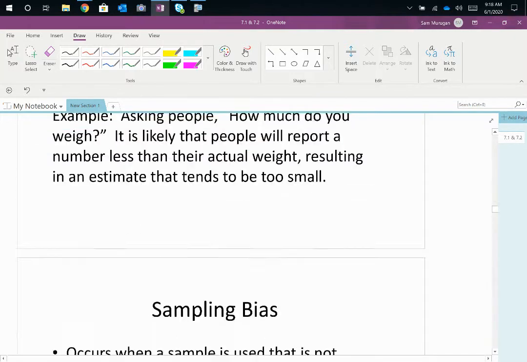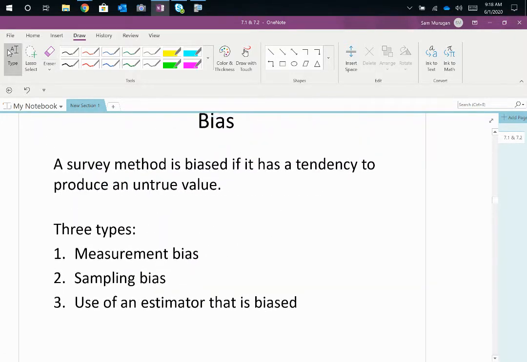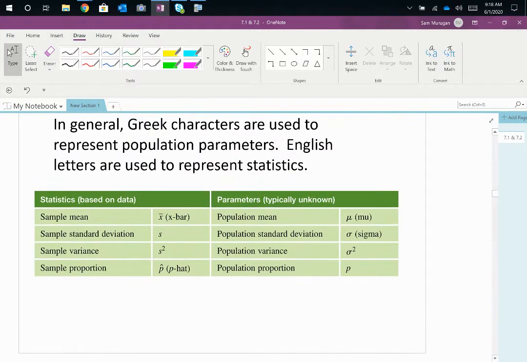I just wanted to speak first about how we designate the different types of parameters and statistics. In general, Greek characters are used to represent population parameters, and English letters are used to represent statistics.